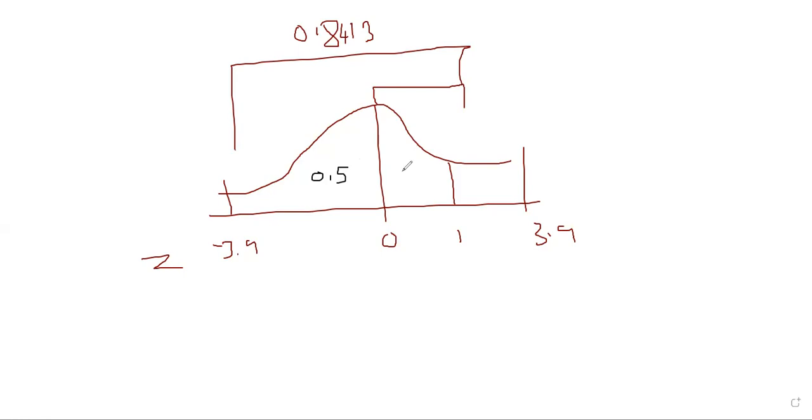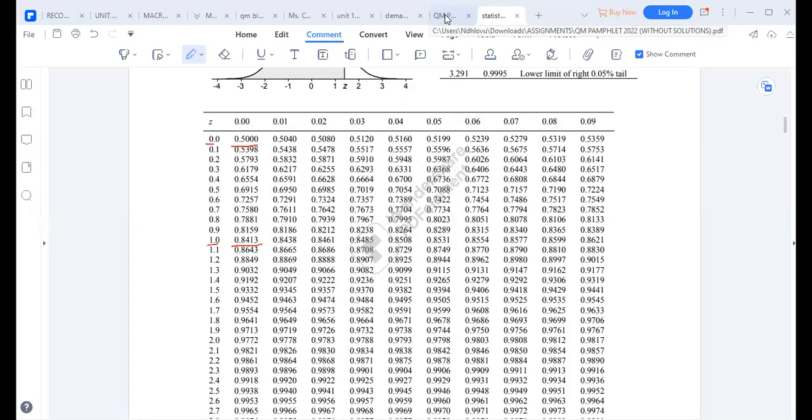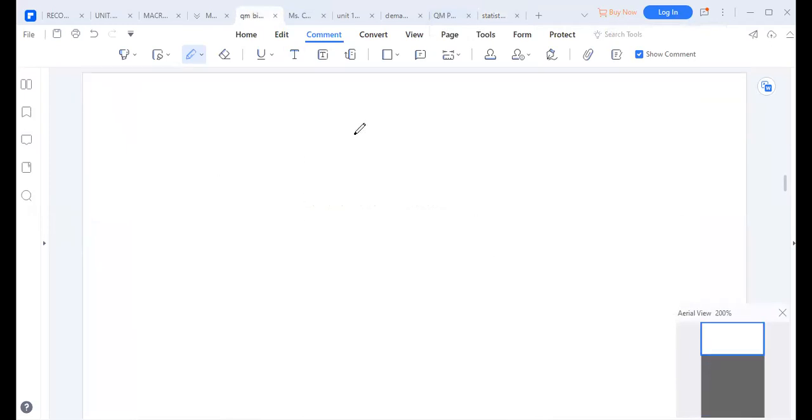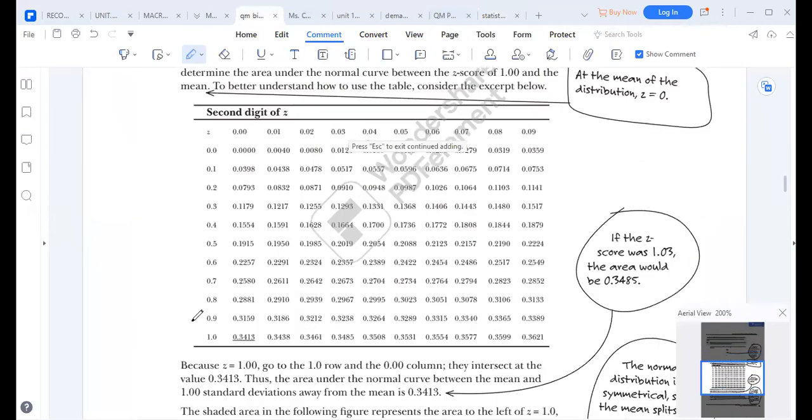So meaning this will therefore be 0.3413. Now, this is where the other table comes in because it's called a half table. So the half table itself starts from the middle. So if I'm going to show you how the half table is, at 1.0, it's just going to start from the middle. It's going to give you 0.3413. So it's one and the same thing, except that people sometimes get confused.